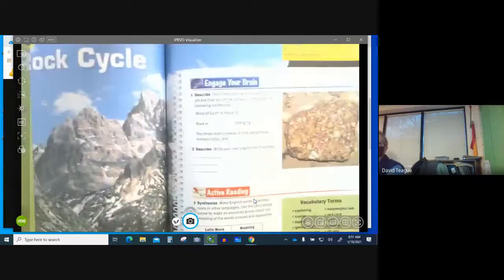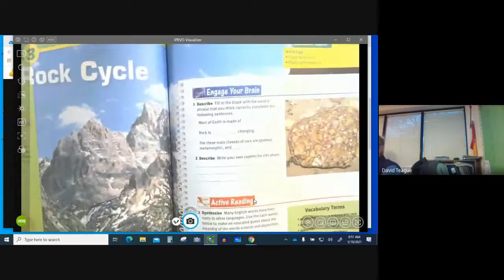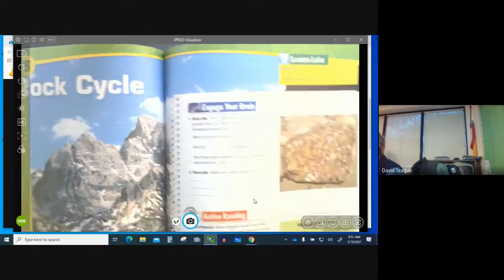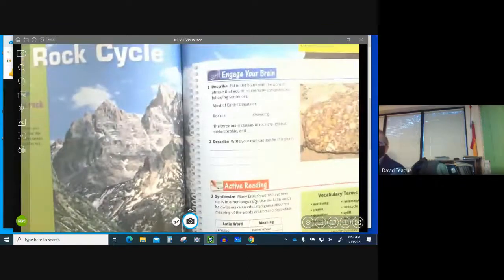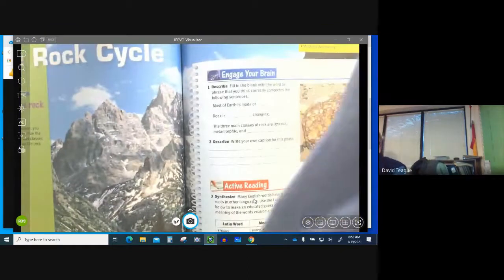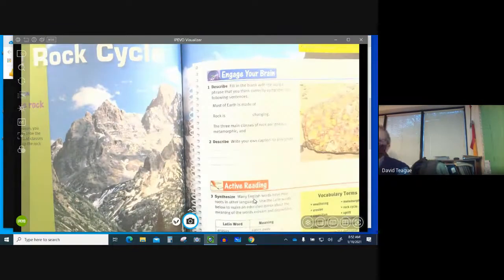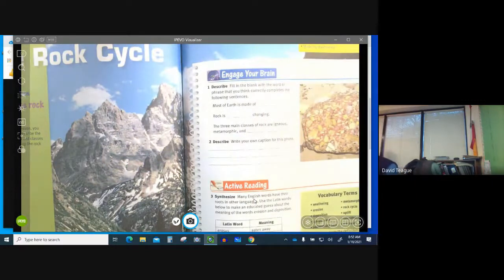Okay, so the next page, 367. It's Engage Your Brain. Describe: fill in the blank with the word or phrase that you think correctly completes the following sentence.